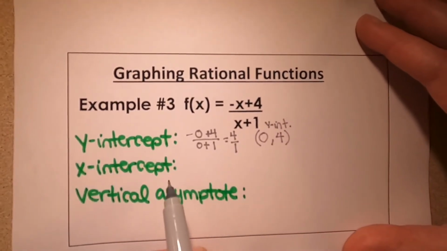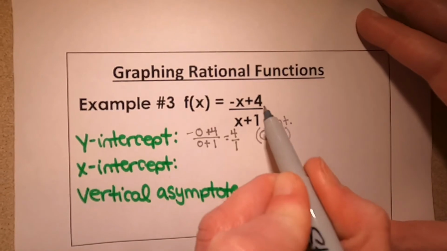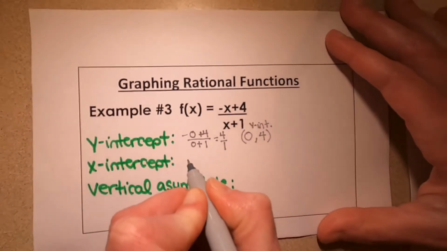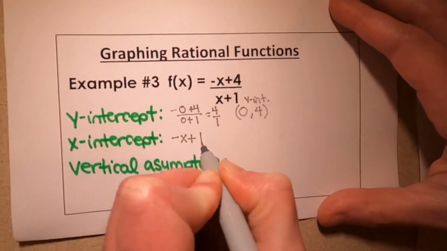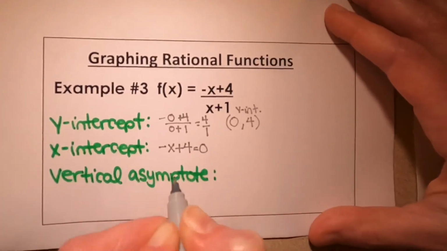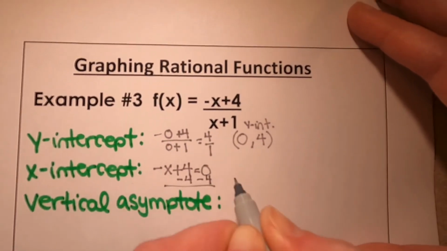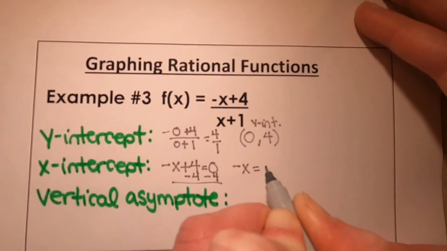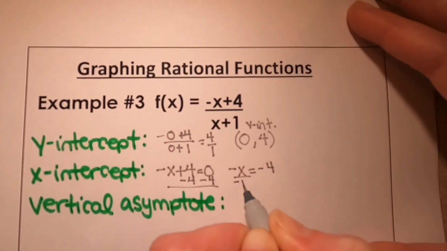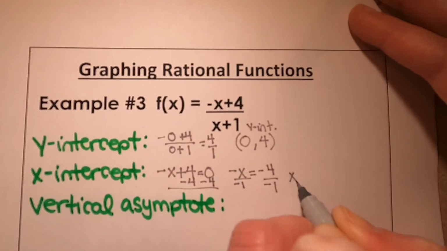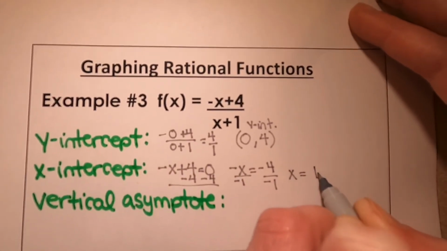Next, for your x-intercept, you're going to take the numerator, in this case negative x plus 4, and set it equal to 0. I would subtract 4, and then I would divide by negative 1. X is equal to a positive 4.